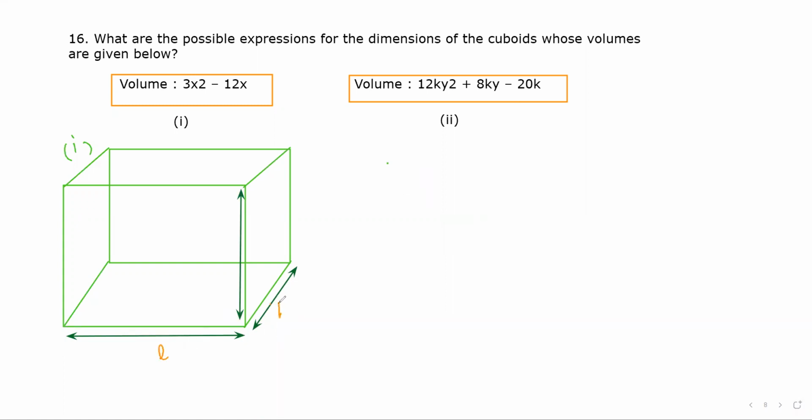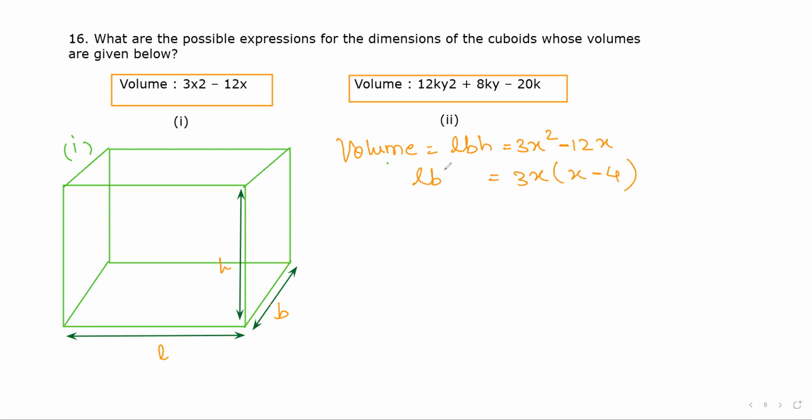Length, breadth, and height. Okay, so volume is given as this. We know that from the figure, based on these three variables, your volume is equals to LBH, length into breadth into height for a cuboid. And your given volume is equals to 3x square minus 12x. So if it is 3x square minus 12x, you can take 3x common, you're left with x minus 4.